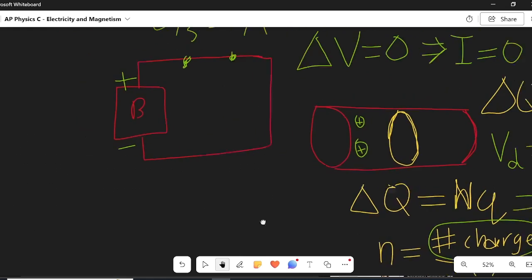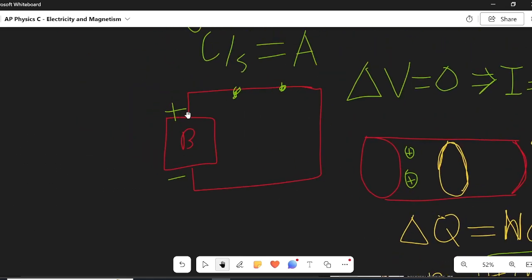Essentially, looking back at the circuit, the only reason the electrons will move is because there is a potential difference. Remember, positive charges like to go from high potential to low potential. If there's no battery, which essentially serves as a chemical device to increase the potential, there will be nothing forcing the current to actually move through the circuit.